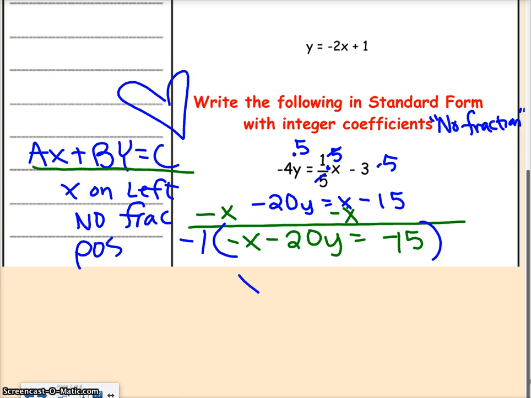Opposite of negative x is x. Opposite of minus is plus 20y equals a positive 15. But feel free to distribute a negative if you work better that way. I know that there's some of us that might work better that way. And that's where all of this is coming from. Okay? That's it. That's a learning target.